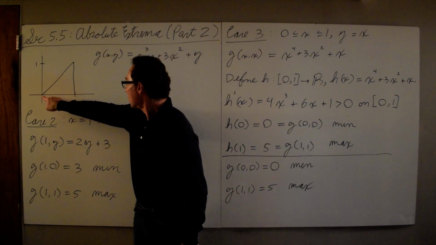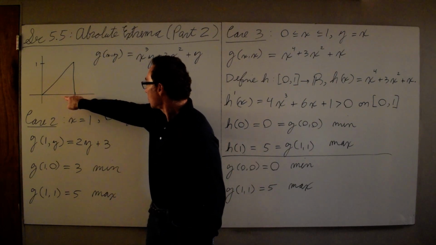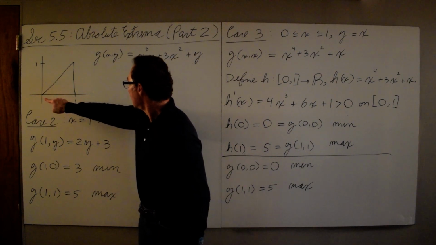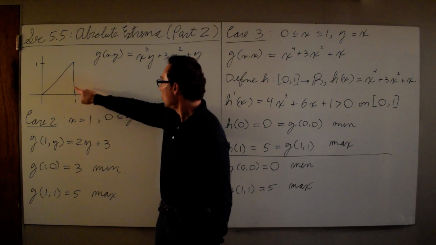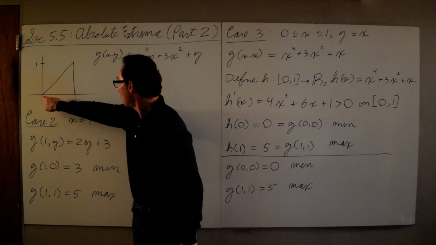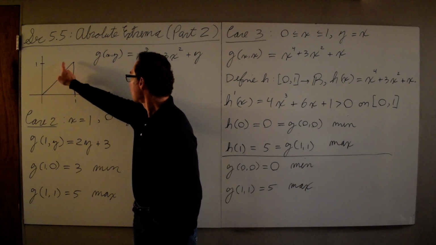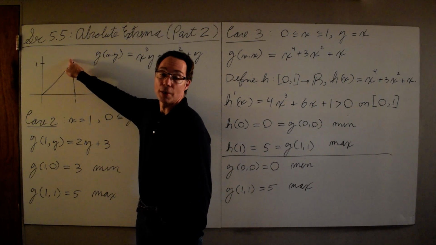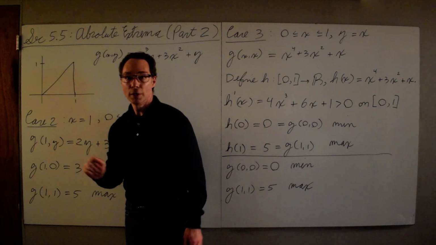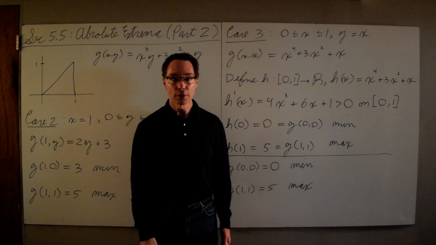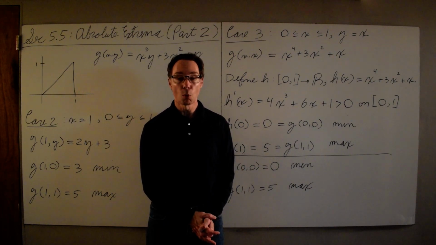The origin was part of case 1 and case 3. This point was part of case 1 and case 2. And this point was part of case 2 and case 3. So our corner points for our region appeared in two different cases, and so they got considered more than once.